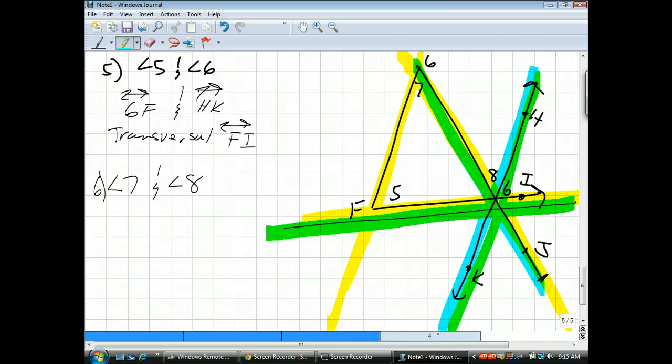Okay, so in this case, the transversal is going to be GJ, line GJ.